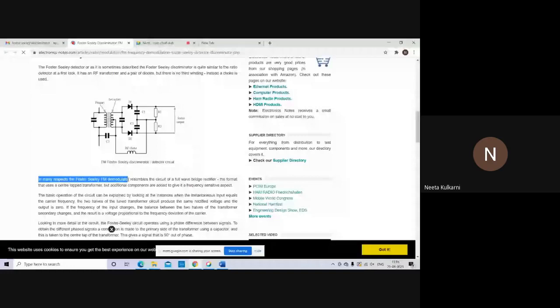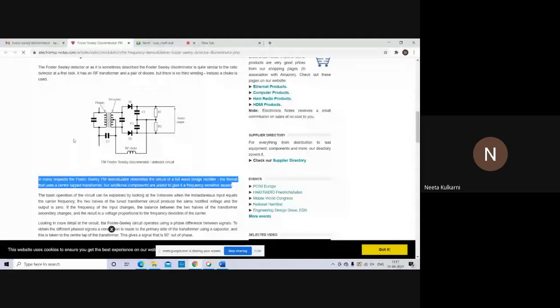The format uses the center tap transformer. It is used here, and additional components are added to give a frequency sensitive aspect. My additional component is nothing but this RF choke. So what is the function of this RF choke? If some high frequency components, that is RF components, are present in the signal generated at the output, then to remove those RF components this RF choke is used.